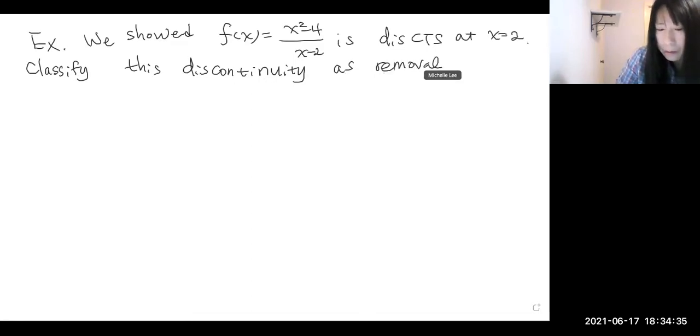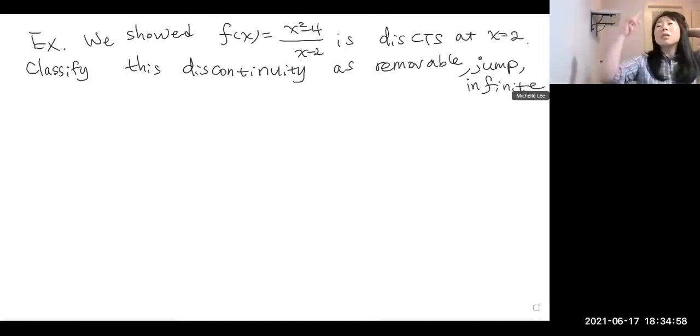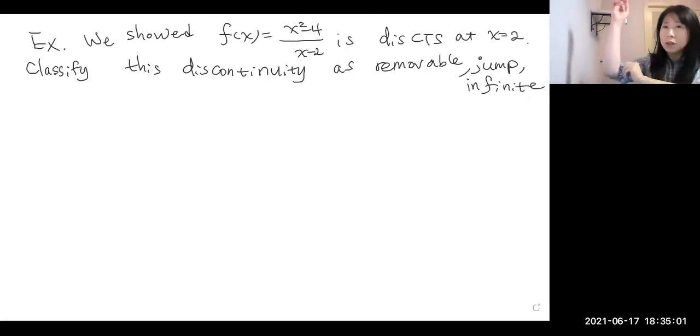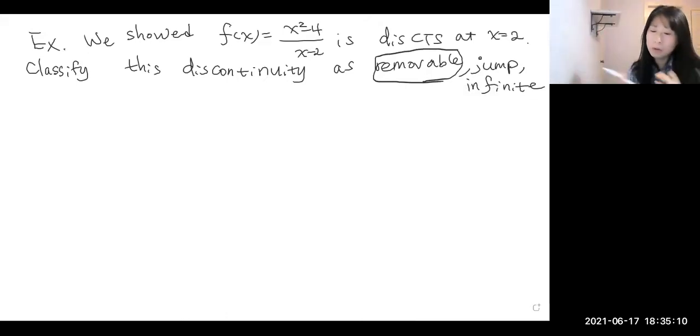One is removable, or jump discontinuity, or infinite. I'm pretty sure it's a removable discontinuity. Yeah, so this is removable, right? By looking at the graph, we can say that there is a removable, but by definition, we have to show the limit exists, right?